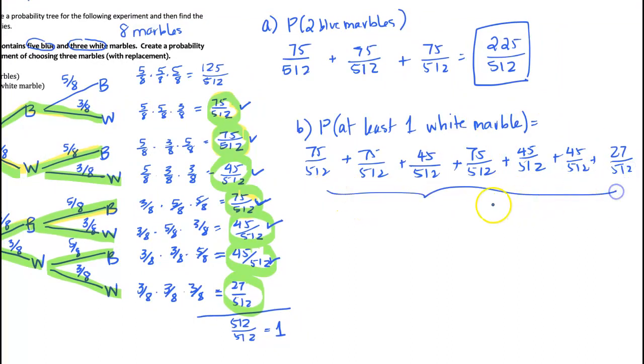Adding them all together, we get a total of 387 out of 512 for the probability of at least one white. There is an alternate way to calculate part B.